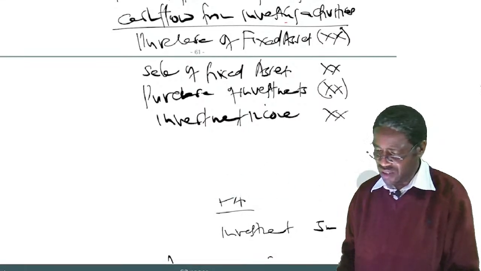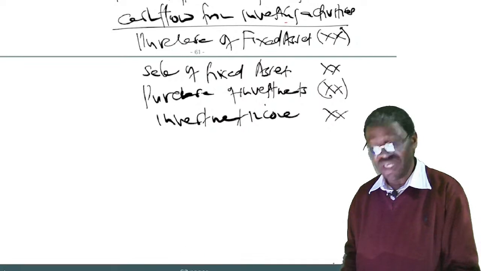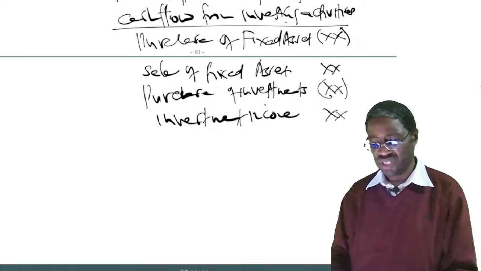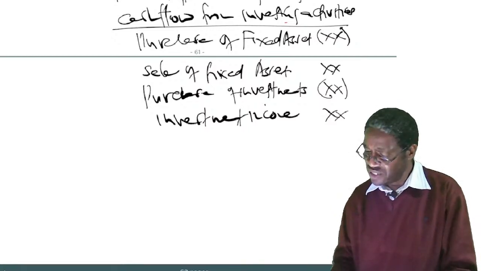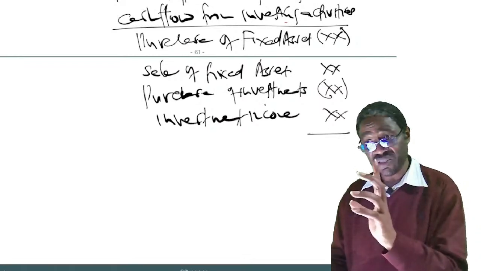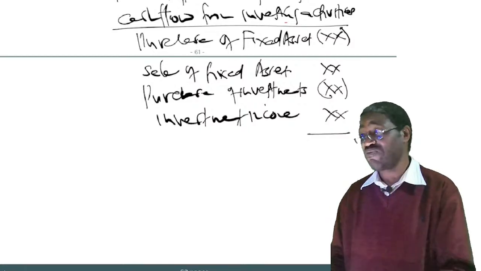So I was saying, most students forget and they use the investment income as part of operating. Don't use it. It's an investing. For now, let me assume again that you have determined everything from investing. Normally, investing doesn't have many.